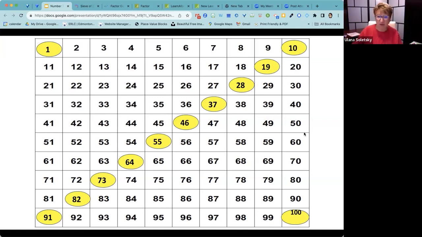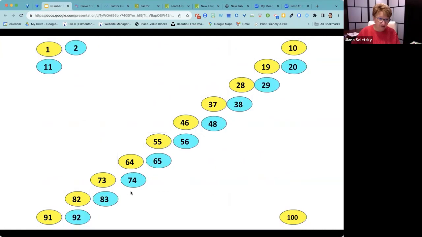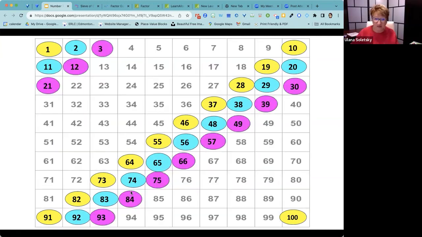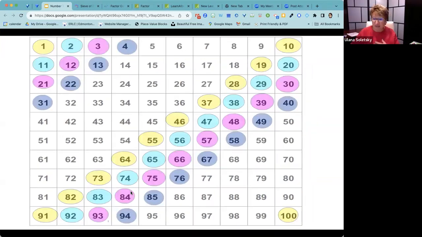So for example, all these numbers have a digital root of 1. Here's all the numbers now that have a digital root of 2. And I'm going to see a nice visual pattern showing up on my hundreds chart. And it is amazing. And I can keep going and going, and I can find that all the patterns will work this way.